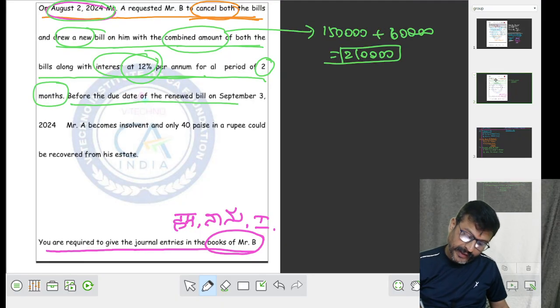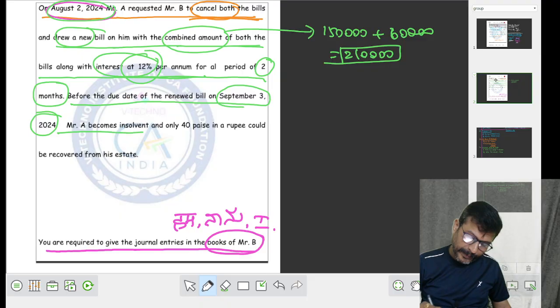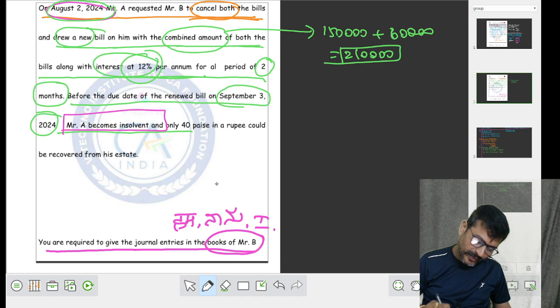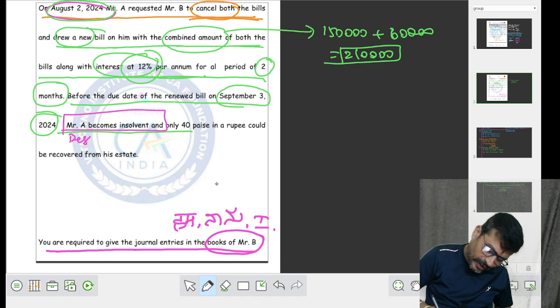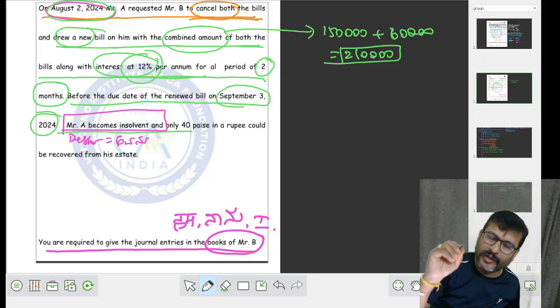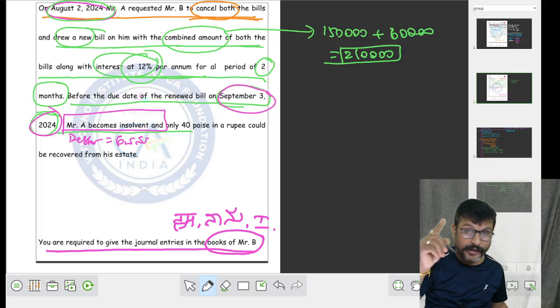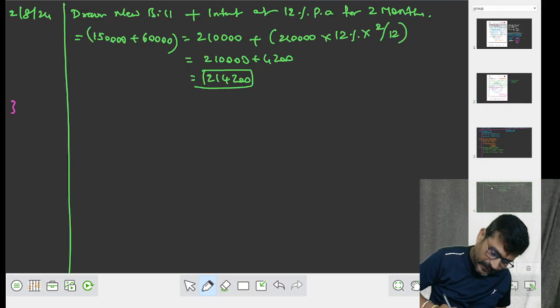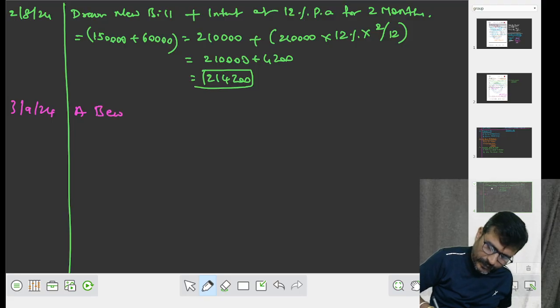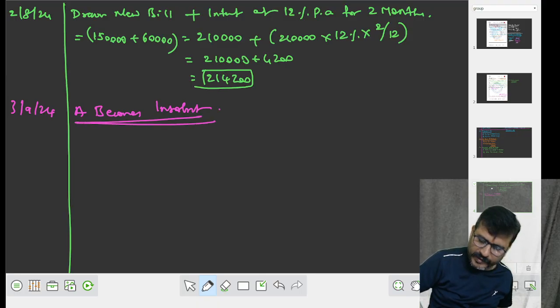Before the due date of the renewed bill, on 3rd September 24, A becomes insolvent. कौन इंसॉल्वेंट हो गया? A means whom? Debtor. Debtor means whom? Avanu. कब इंसॉल्वेंट हो गया? 3rd September 24 को. Now let us write 3rd September 24. A becomes insolvent.